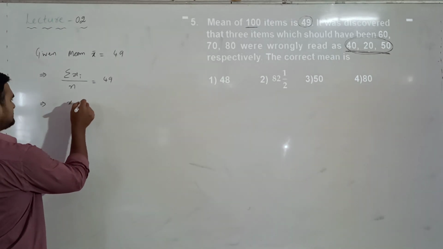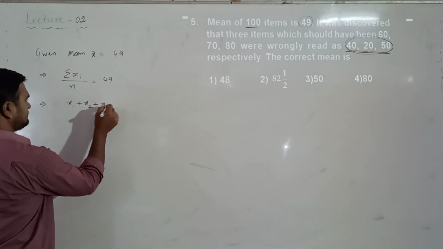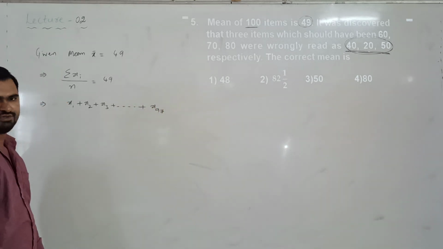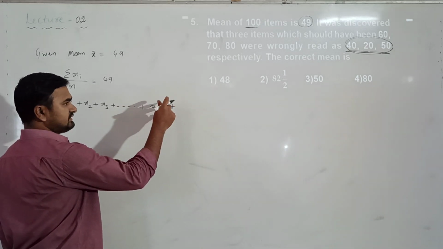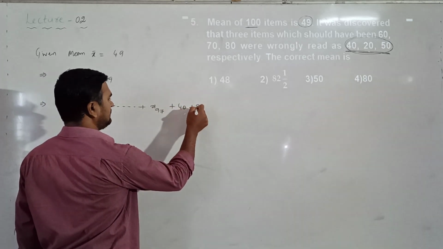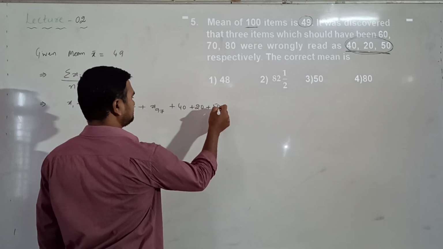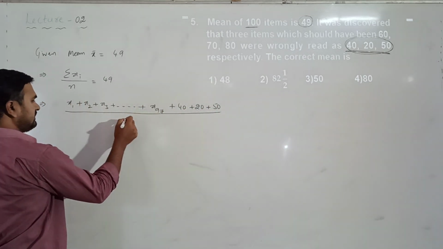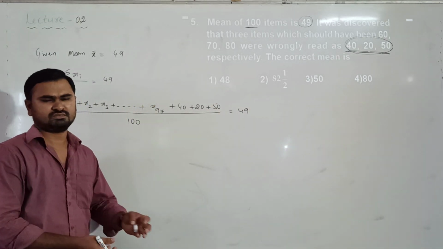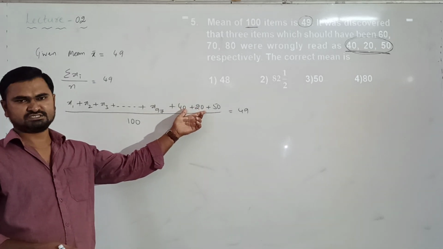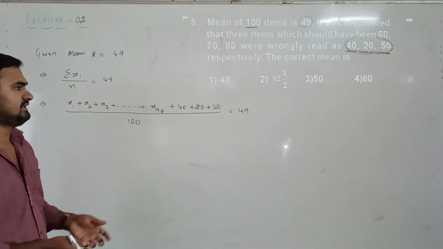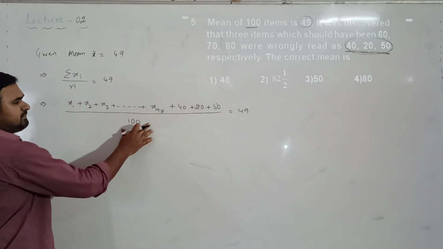Now let us take the observations as x1, x2, x3 up to x97, and assume that the last 3 observations are 40, 20 and 50, divided by n which is 100, is equal to 49. Now you can take these 3 observations anywhere, no problem. You can take them at the starting or at the end. Anywhere you take, the answer will be the same. So this is the mean given.